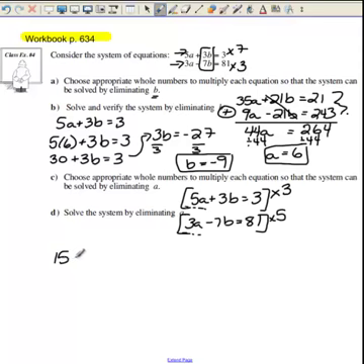So my first equation is going to become 15a, and then 3 times 3 is 9b, which equals 3 times 3 is 9. And my second equation is also 15a minus 35b equals, now punch that in your calculator, 81 times 5 is 405.